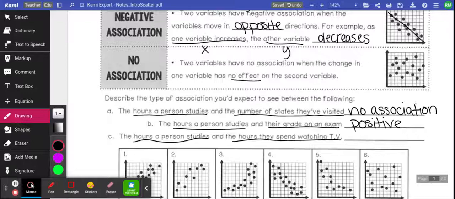Probably less. Why do you think probably less? Because they're using the time to study. Yeah. If I'm spending my time studying, I don't have as much time to watch TV. So that would go down. So as I'm spending a lot of time studying, the hours watching TV will go down. So this is going to be a negative association.